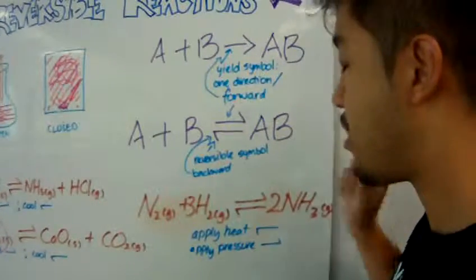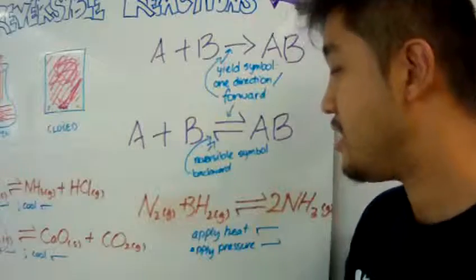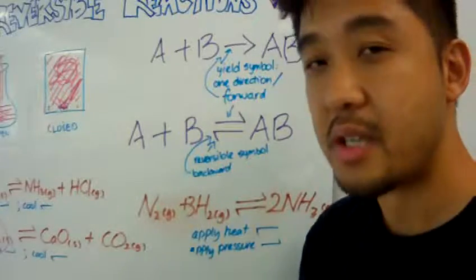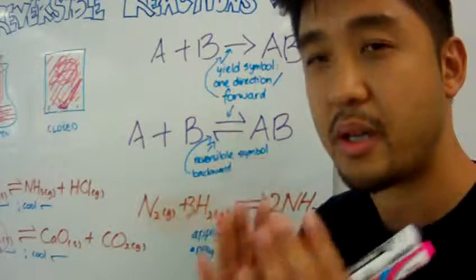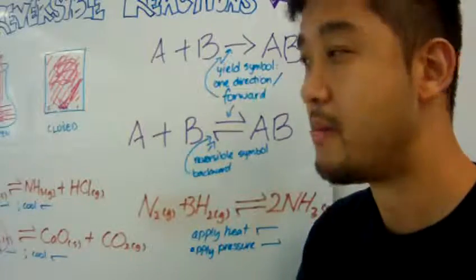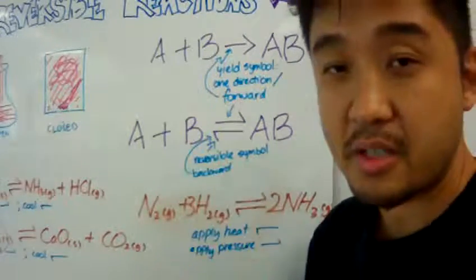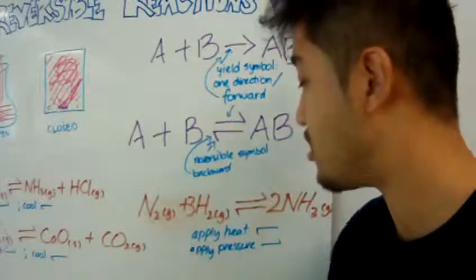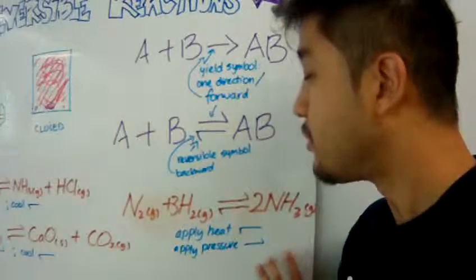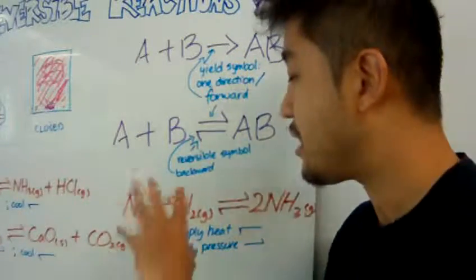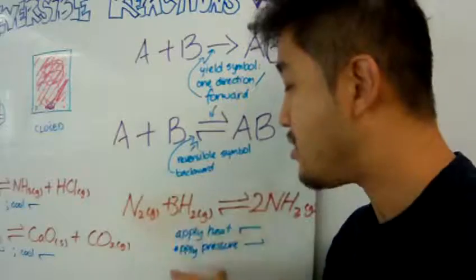All right. Now, the final example is possibly the most important example you will encounter at this level of chemistry, which is the Haber process. We'll talk more about that in future video lectures. The Haber process is simply taking nitrogen gas and hydrogen gas.